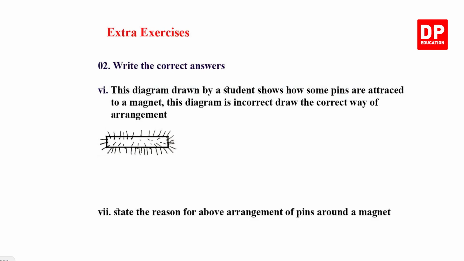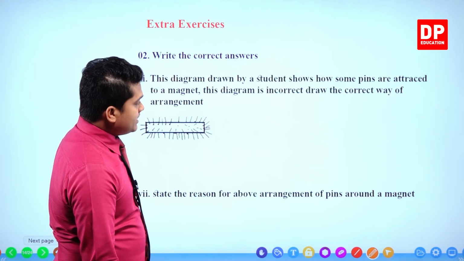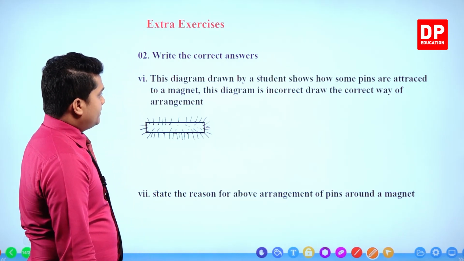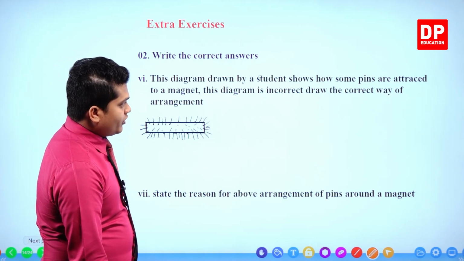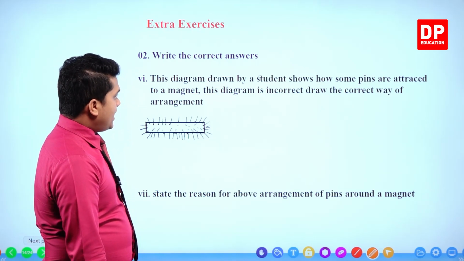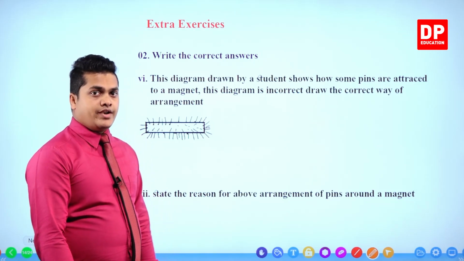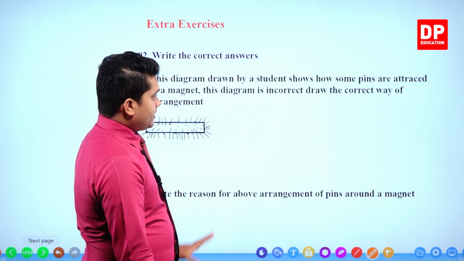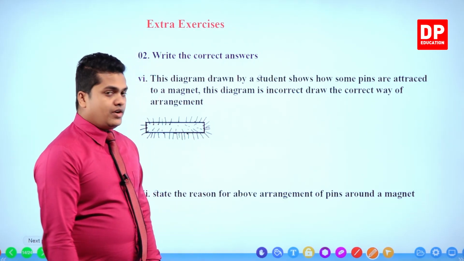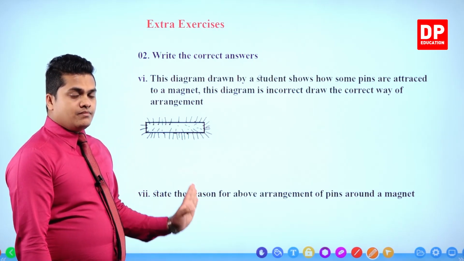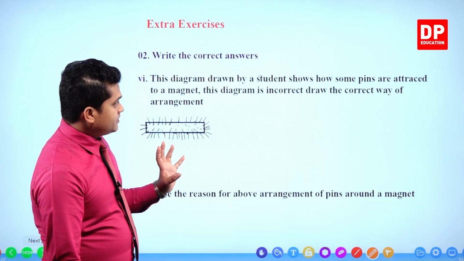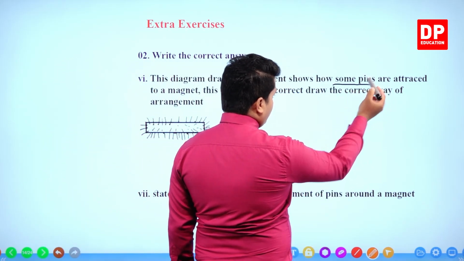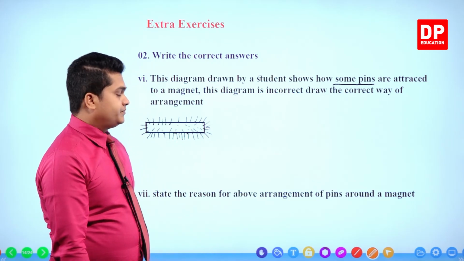This diagram drawn by a student shows how some pins are attracted to a magnet. This diagram is incorrect. Draw the correct way of the arrangement. Now, in this question, a student has drawn a diagram to show the attraction of some pins. Some pins have been attracted to this magnet.